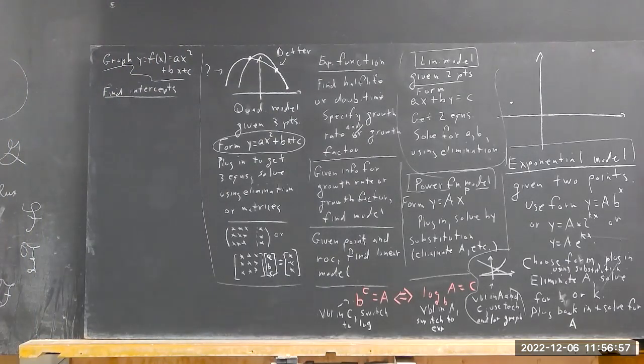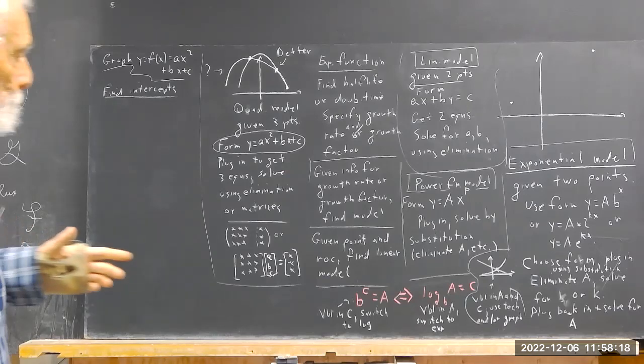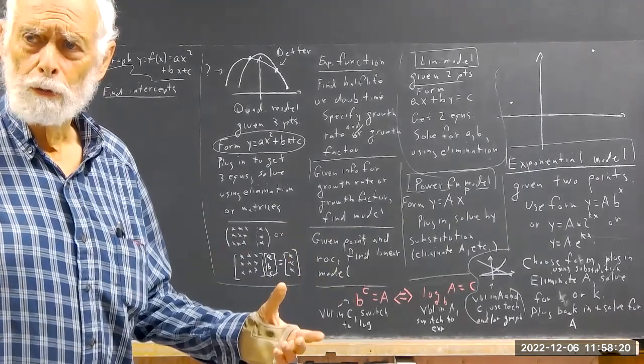What's the next critical thing that we do when we graph a quadratic function? This needs to be part of your picture of the whole universe.